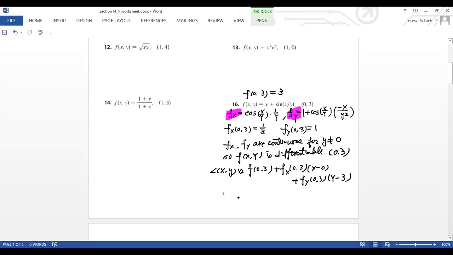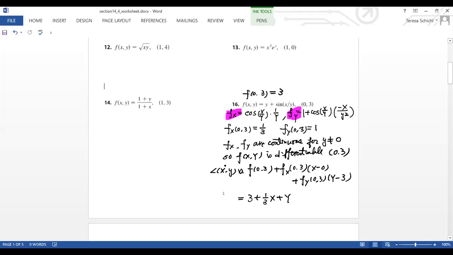So I know the linear approximation here will be 3 plus the partial with respect to x is 1/3 of the x's here, right? So it will be 1/3 of the x, and what is here? So it's 1, right? Plus y here. So that is how we find the linearization, the Lx here.